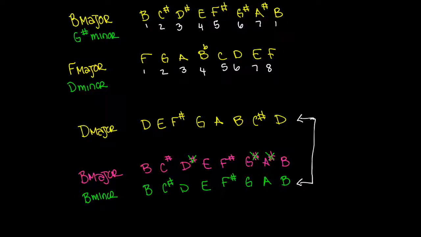I have 2 sharps in each one of those instances: an F sharp and a C sharp, and here I also have F sharp and C sharp. So this is another way of finding out that these are related. So we call this the relative minor.